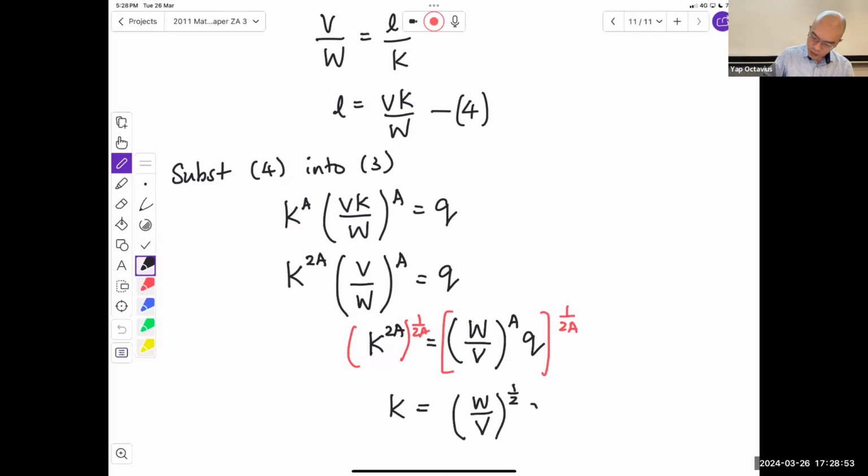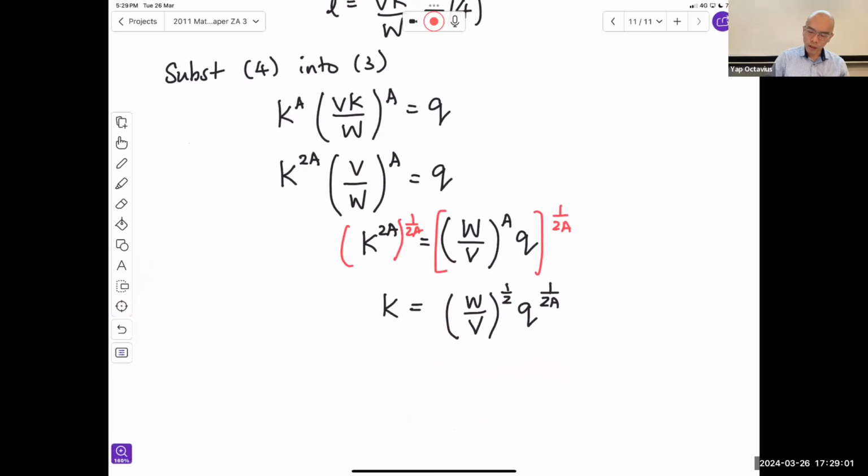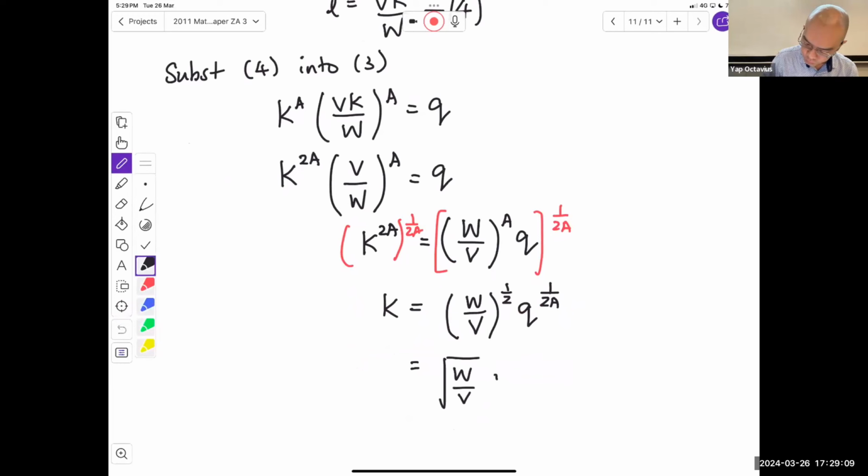Then this q has 1 to the 2a. Okay, so power half is square root. So you can also say that this term you rewrite it as root. Okay, so this is the optimal k.